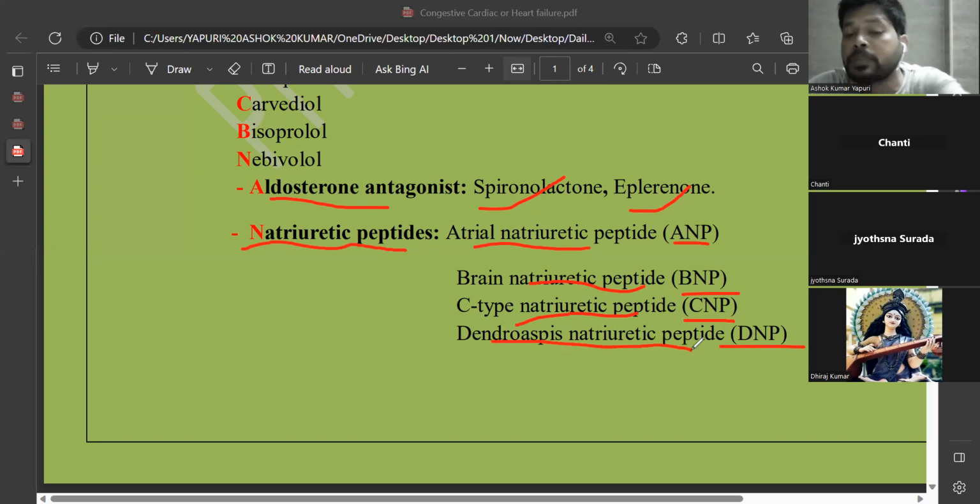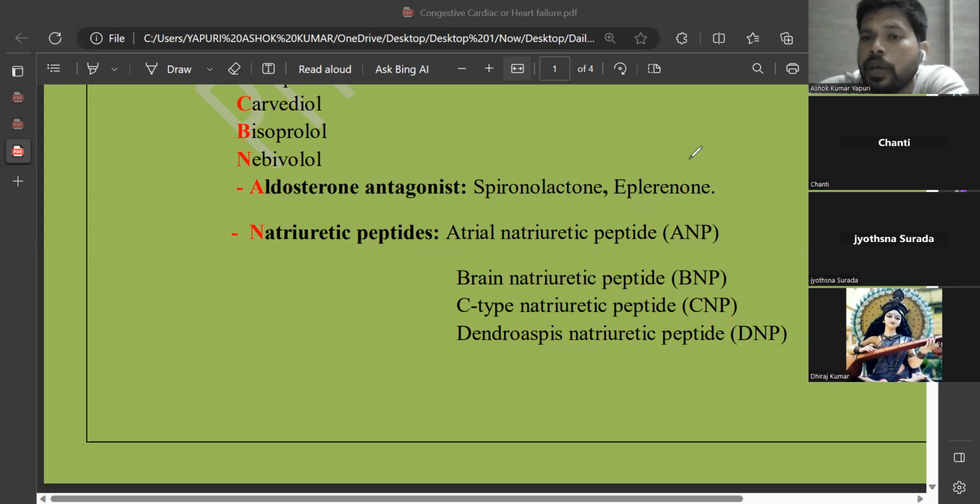There are different types based on their location, but all of them perform natriuresis. Natrium means sodium, and uresis means elimination of sodium through the urine.